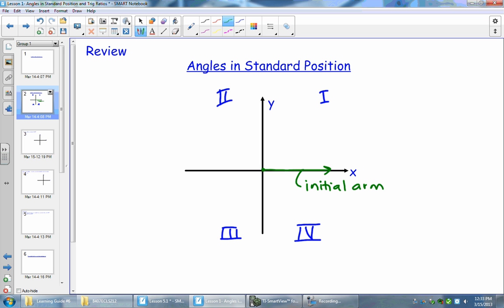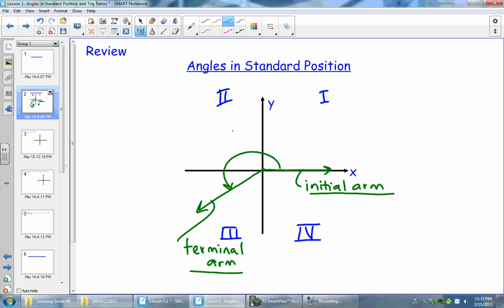When you rotate that arm, let's say we rotate over here into quadrant 3, we produce another arm, and that's what we call the terminal arm. Remember, the terminal arm is the arm that rotates throughout this Cartesian plane. The angle produced between the terminal arm and the initial arm is what we call the angle in standard position, which I will denote as theta.